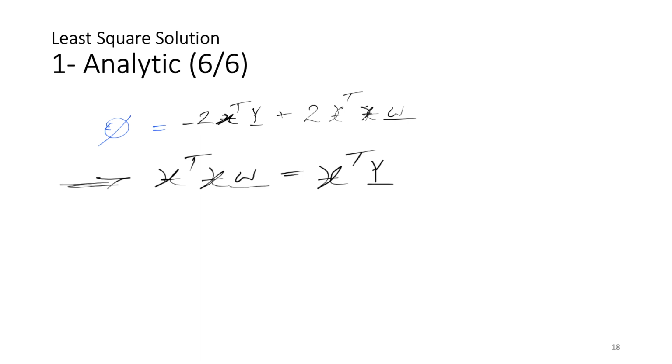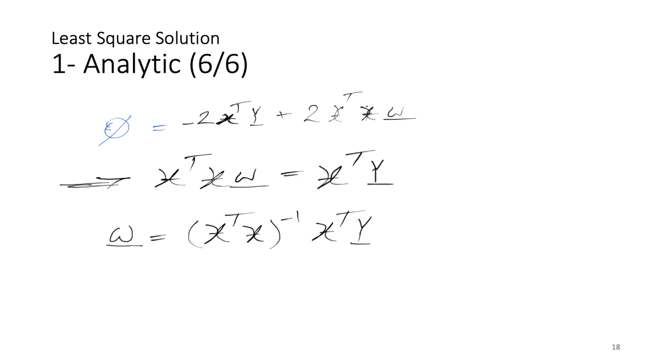You have this, and now if you sort them out for the term w, that w term becomes that pseudo-inverse matrix that you just saw. So in order to find w, you need to compute the pseudo-inverse matrix and just multiply it by the labels. So that's why you see least squares.